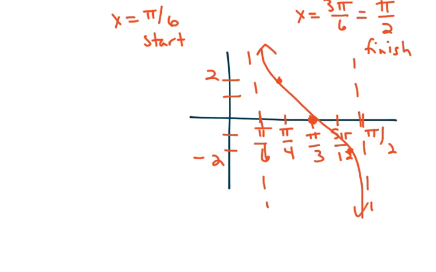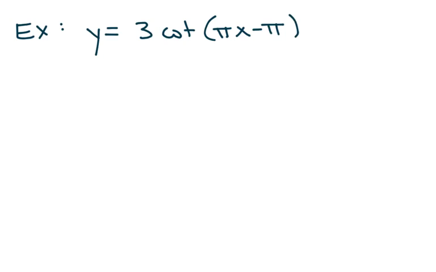Let's do this one more time. Y is equal to 3 cotangent pi x minus pi. This was one of the ones we did in the notes that I did incorrectly. We're going to start by setting what we're taking the cotangent of equal to the asymptote. So one of them's going to equal 0.